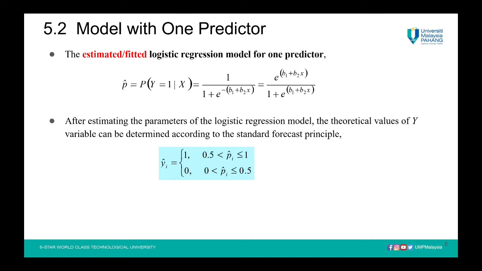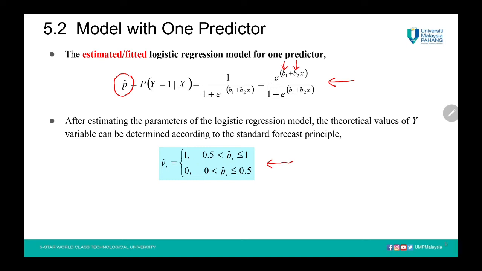The estimated or fitted logistic regression model for one predictor, that is P hat, is given by this equation, where b1 and b2 are the estimated parameters. After estimating the parameters of the logistic regression model, the Y value can be determined according to the standard forecast principle as shown here.